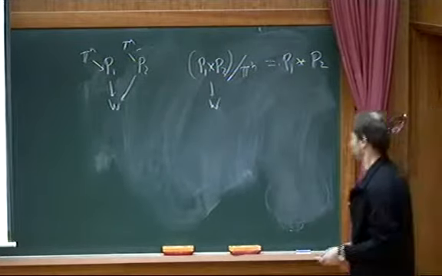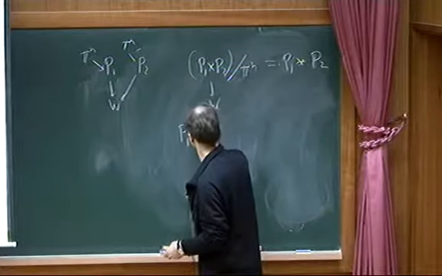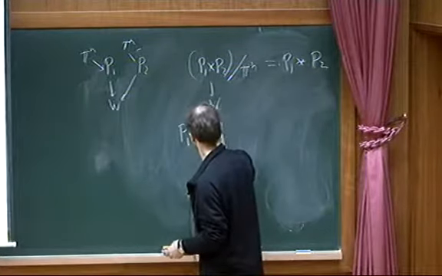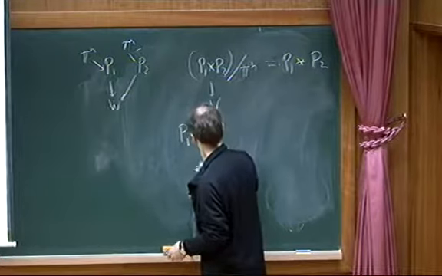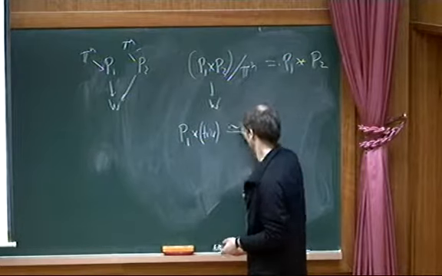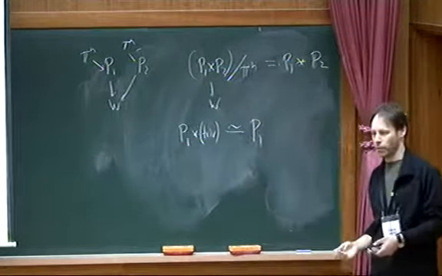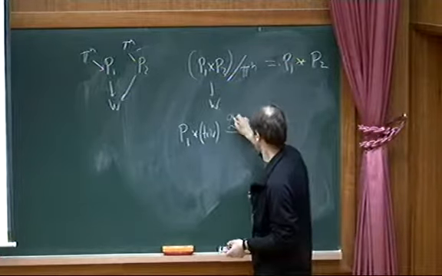And then if you're especially careful, you notice that P1 times the trivial bundle is not equal to P1, it's isomorphic. So there's a canonical isomorphism.